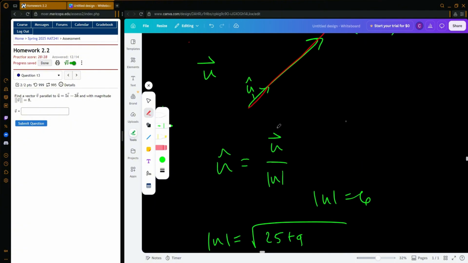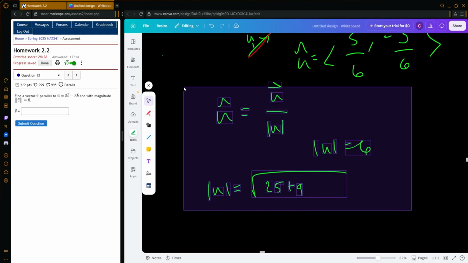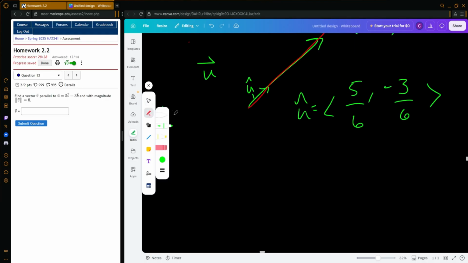So we're going to divide each component of u by 6. So that's the unit vector. And now we'll rescale it up by 8 to get a vector that's parallel to this but has a magnitude of 8.